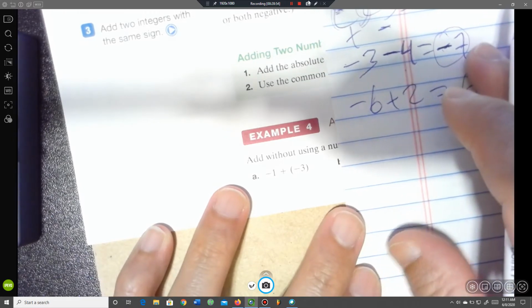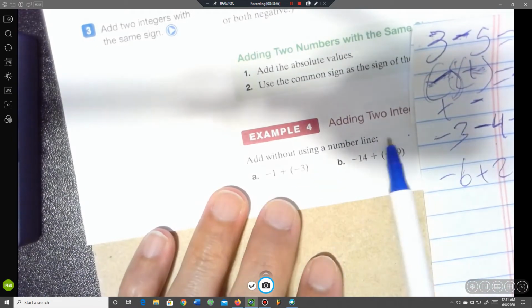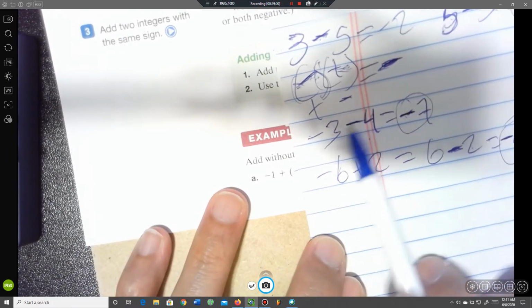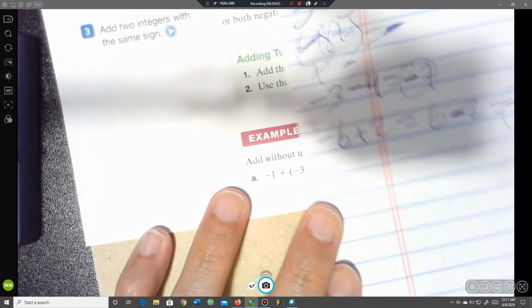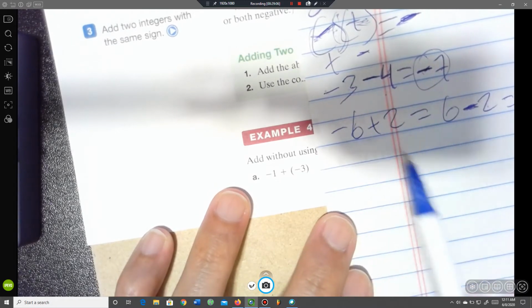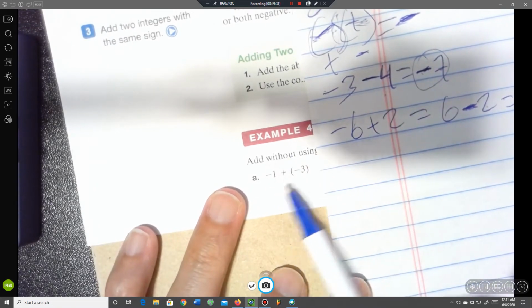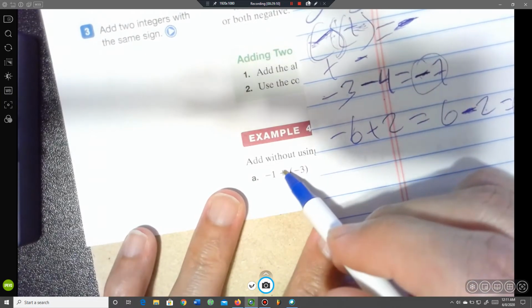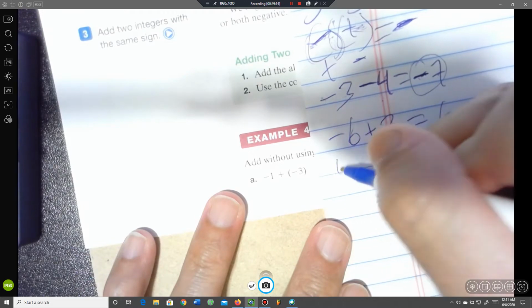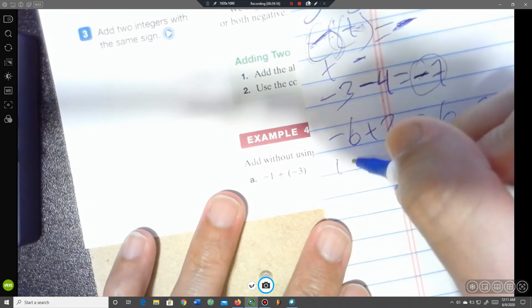All right, so we are adding without using a number line, okay? So that's exactly what I introduced here, basically, because we were doing this in our heads, okay? And so let's go in here. Again, the first step should be to turn those signs. If you see two signs together, turn them into a different sign.